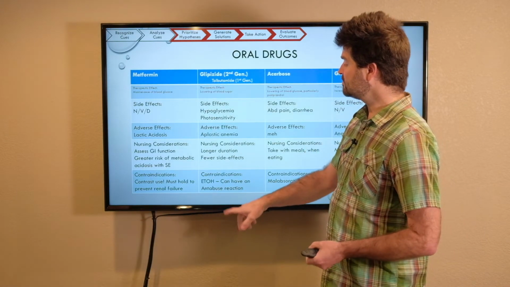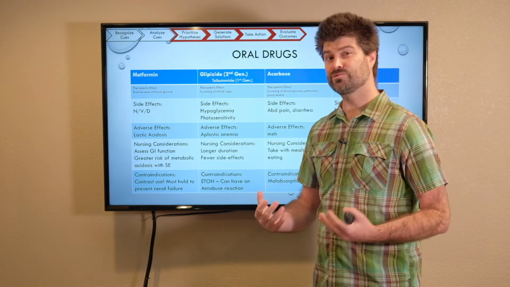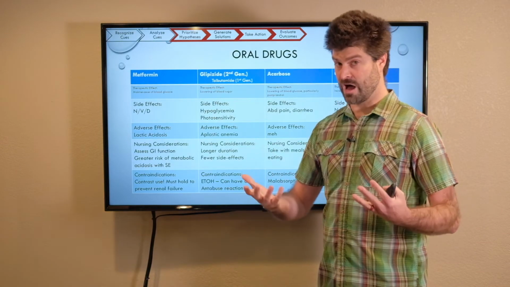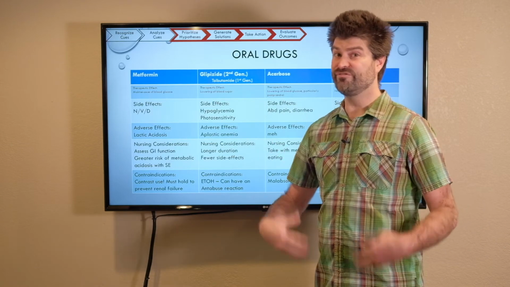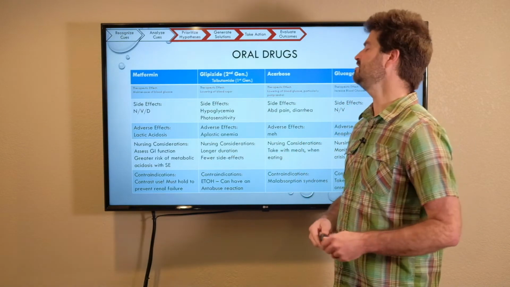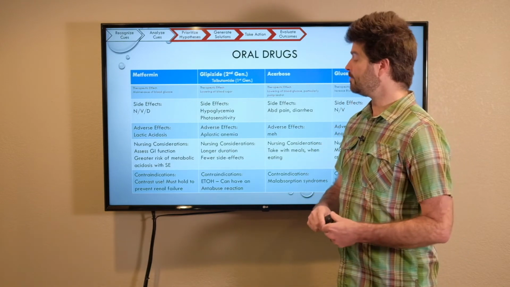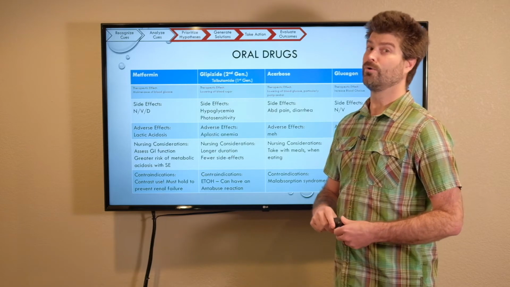So in this case, if you combine glipizide with alcohol, that Antabuse reaction is like vomiting, diarrhea. It's very severe GI discomfort, would be the professional nursing way to say that. It's going to be a hot mess for patients. They're going to need a bathroom, and they're going to need it right away.